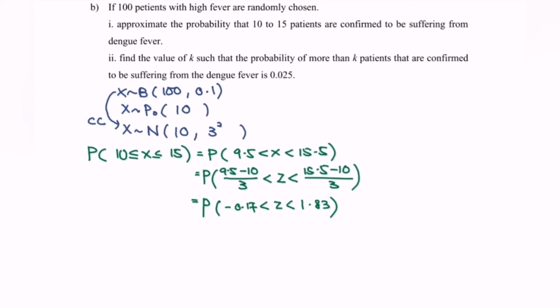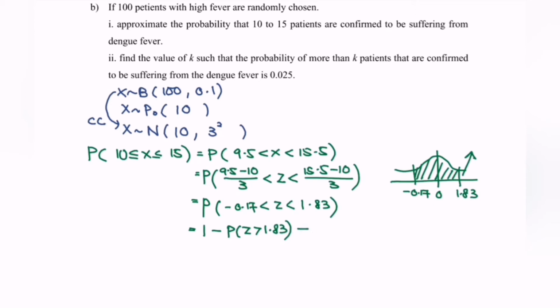By referring to the diagram, locate the value of Z, shade the region, kindly construct the formula where we have 1 minus, eliminate this part, probability that Z greater than 1.83, minus the second part where we have to flip the situation, 0.17.